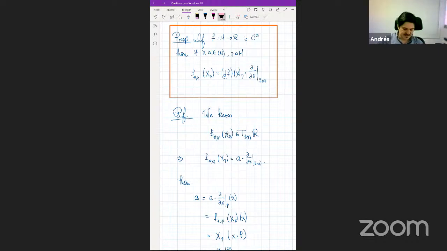Right? Now, f, let's try to understand this. f is a function from the manifold to the reals. x is the coordinate on the manifold R, and that's nothing different than the identity.